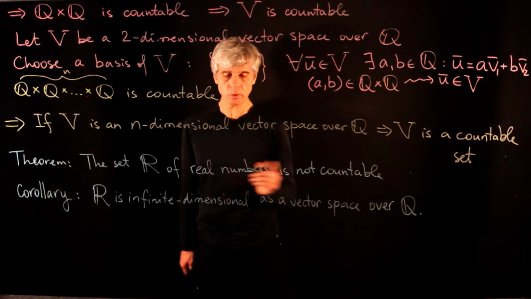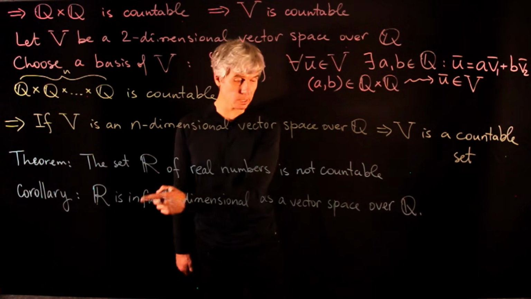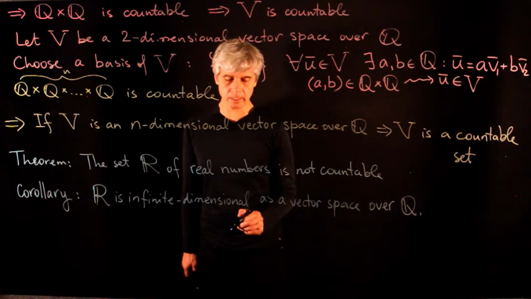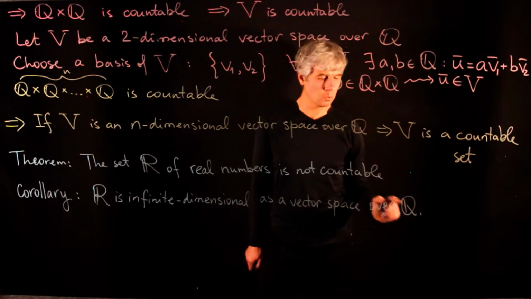And if R is not countable, and we know that R is a vector space over Q, this tells us that R is an infinite dimensional vector space over Q.